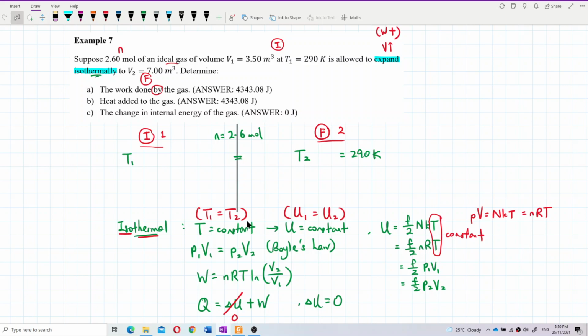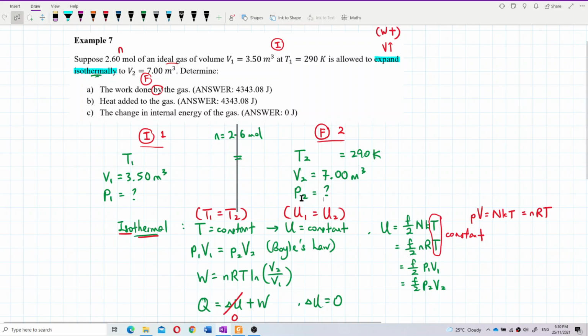Volume 1 is given as 3.5 meter cube. Volume 2 we don't know, yes, we have 7 meter cube. Pressure 1 we also don't know, but we can find it out using PV equal to nRT.